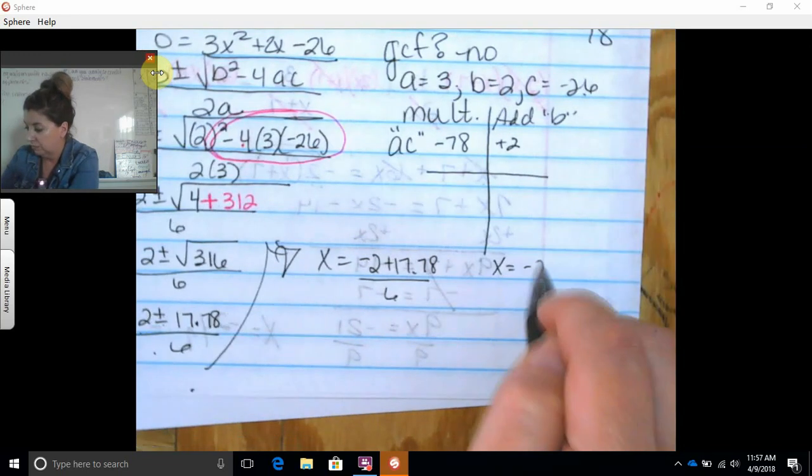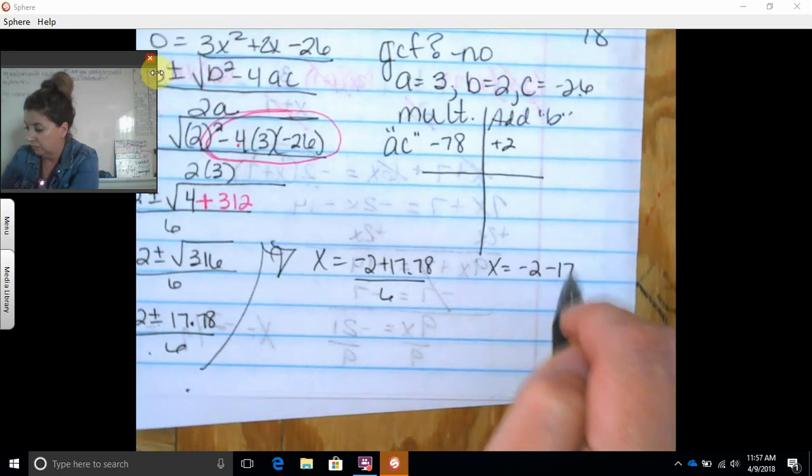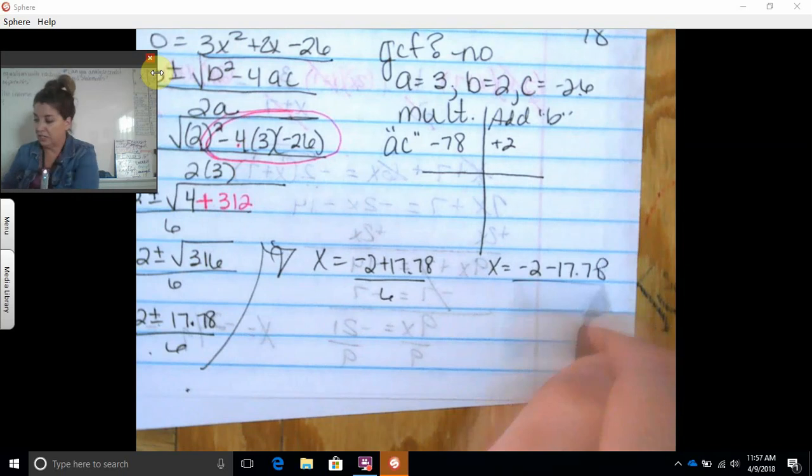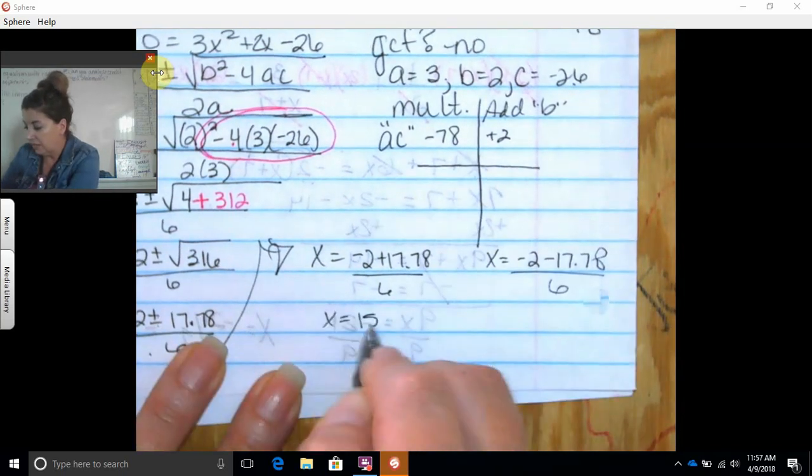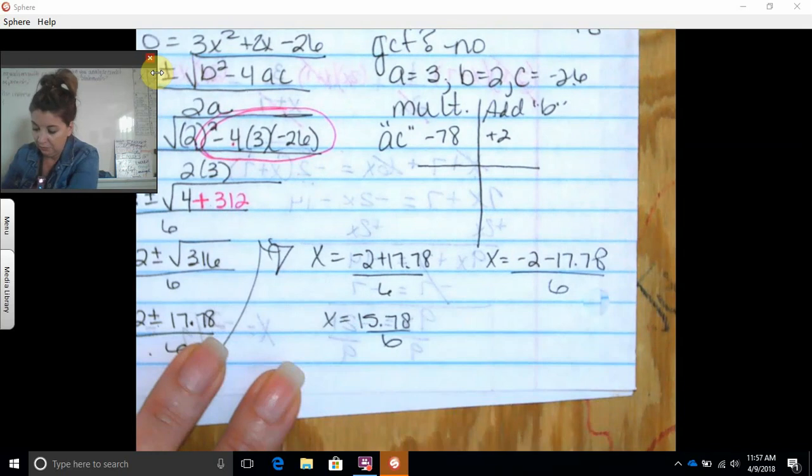And then that's going to be 15.78 divided by 6, which is .63 approximately.